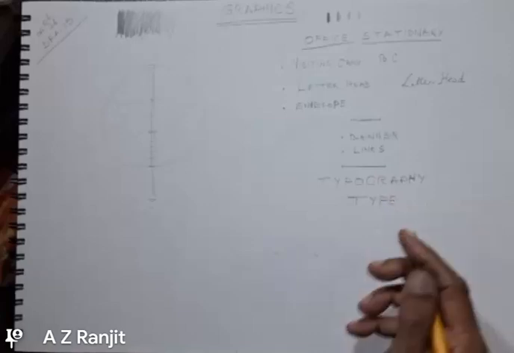Type is, of course, we know the literal meaning of type. Oh, that girl is one type. Certain kind is what we mean by type. So sometimes we say, I want sandals, that type, Bata type sandals.